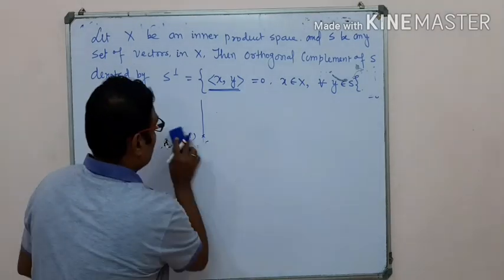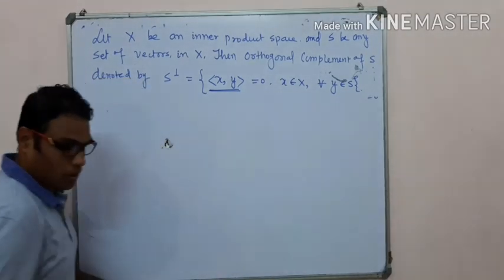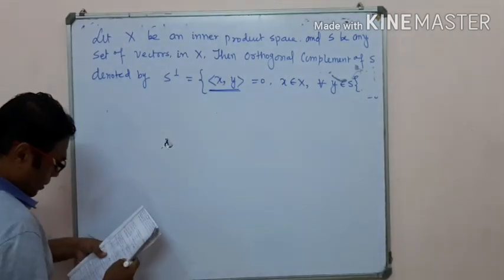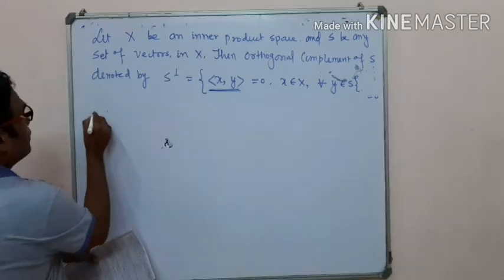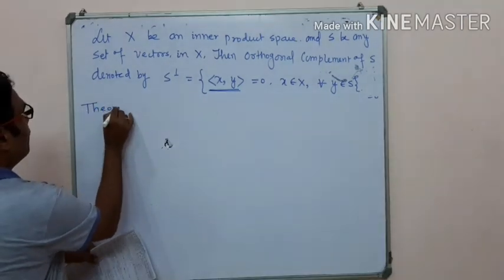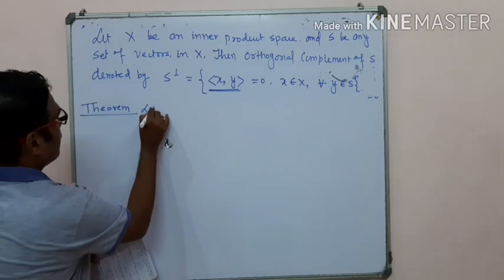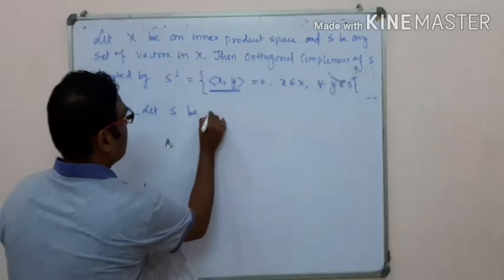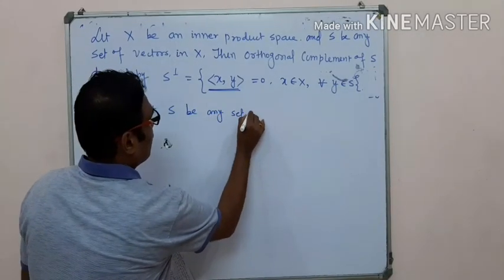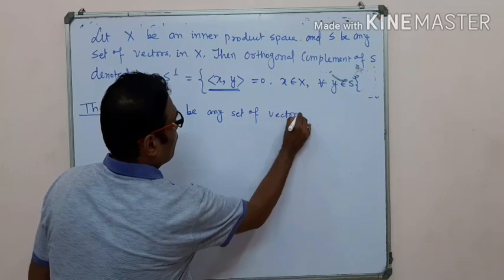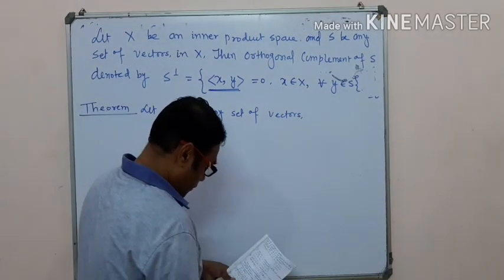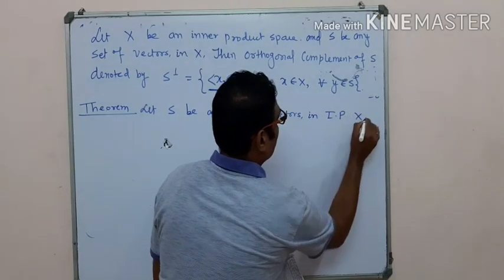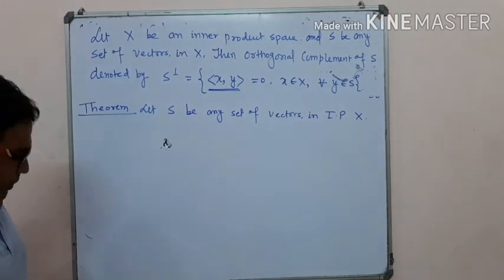Now we have a famous theorem related to the orthogonal complement. An important theorem related to the orthogonal complement. Let S be any set of vectors in inner product space capital X, where capital X is the inner product space.